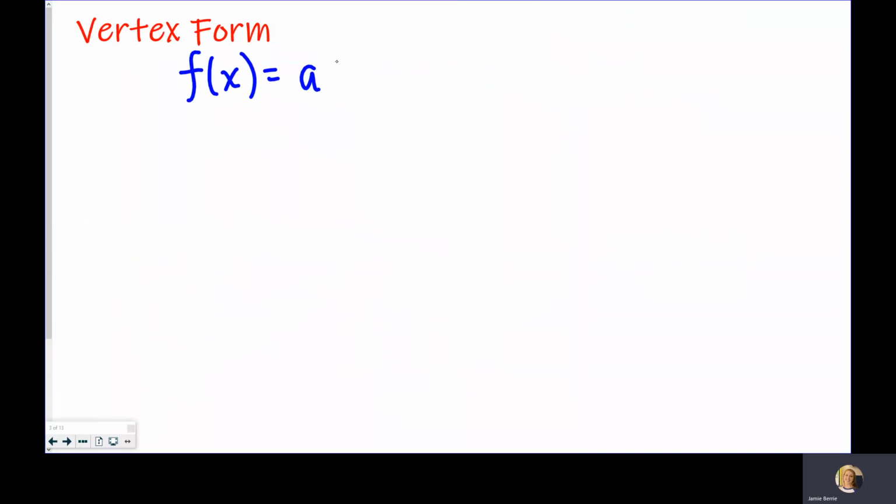So it's f of x equals a times x minus h squared plus k. If you're starting out with a function that's in standard form, like we saw on the last page, you can force that function into vertex form by completing the square.